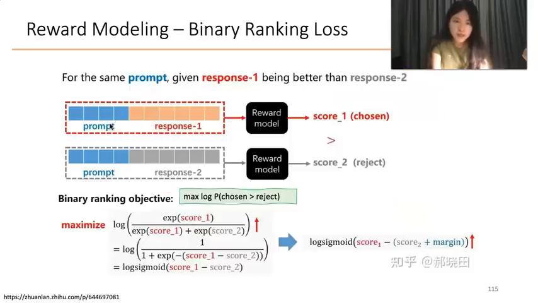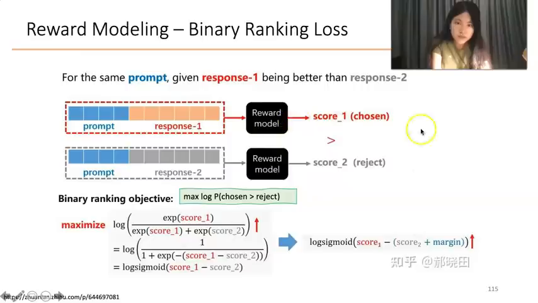And here's a better explanation of how this binary ranking loss actually works. For the same prompt, let's say we have response 1 and response 2. Given response 1 is better than response 2, we want our reward model to know that. So, for example, for this given prompt and response 1, our reward model will generate score 1, and for the prompt and response 2, the reward model will generate score 2.